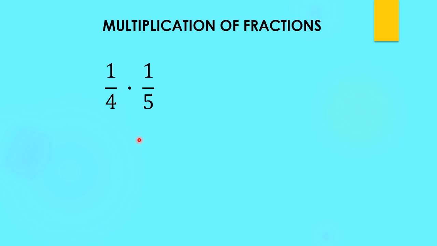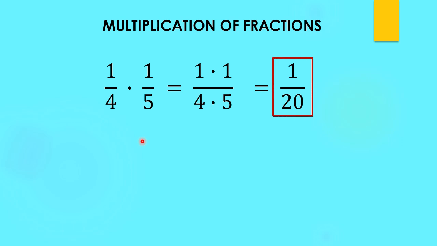Of course, we follow the rule in multiplication of two fractions: multiply numerator to numerator, then denominator to denominator. So 1 times 1 is 1, and then 4 times 5 gives us 20. So the final answer, or the product of 1/4 and 1/5, is 1/20.